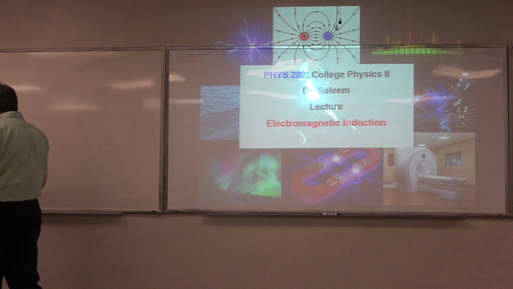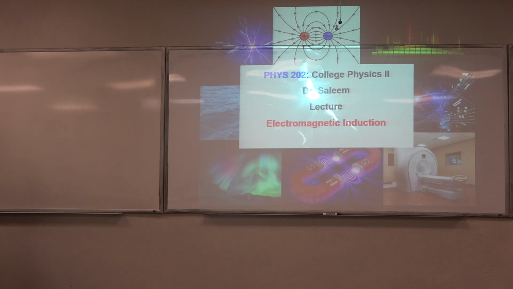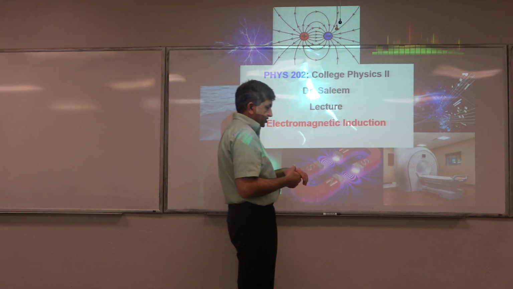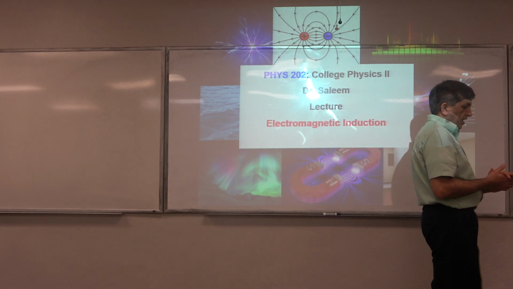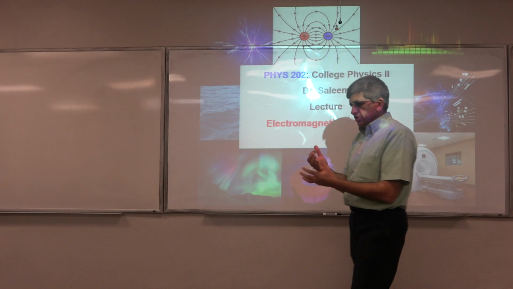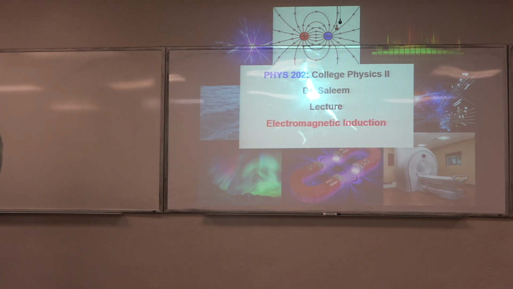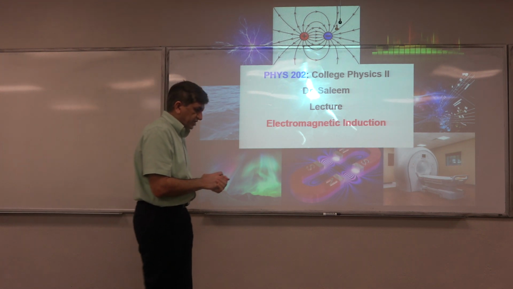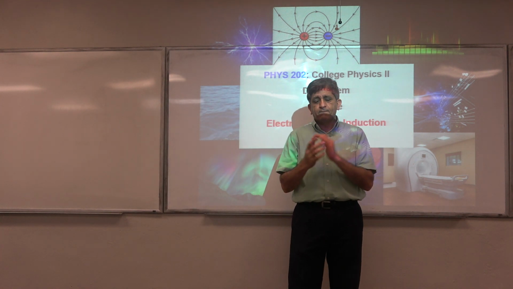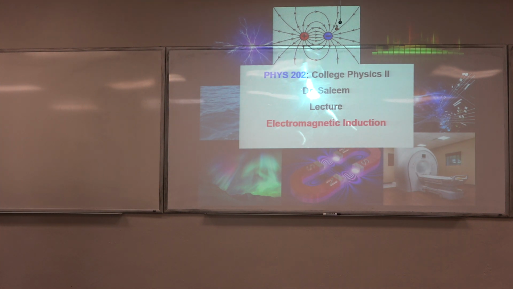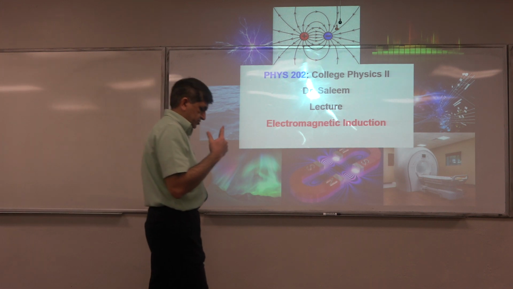Now the real question was whether the electric charges and the magnetic field are somehow interconnected, and we learned, yes, that the moving charge is responsible for producing some kind of magnetic field. When I set a charge moving inside an external magnetic field, I learned about the magnetic force.